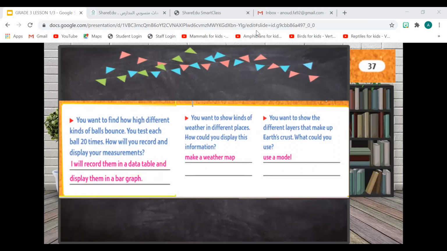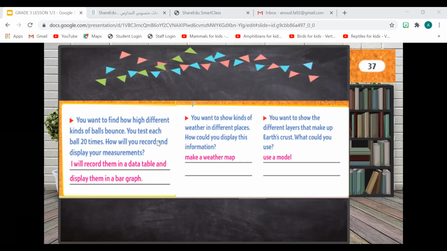Okay? See, Fatima. You want to find how high different kinds of balls bounce, okay? I want to find out how high the balloon will bounce, all right? You will test each ball 20 times, all right?